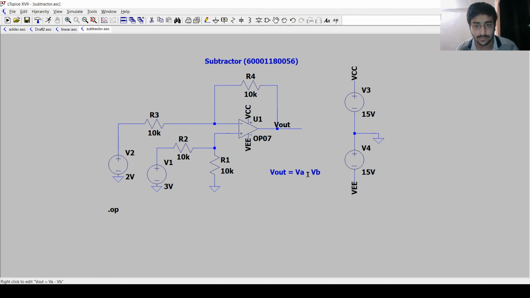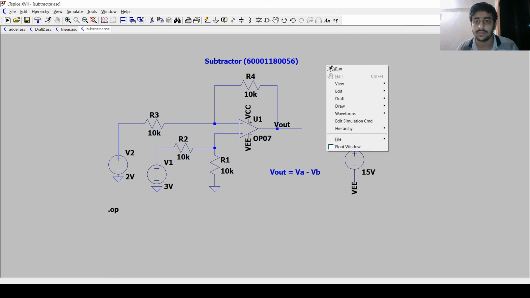The subtractor is V out is equal to VA minus VB, and we are going to use two input voltage supplies of 2 volt and 3 volt in this case, and resistors will be 10k. The feedback resistor will also be 10k. So the output should be 3 minus 2, which is equivalent to 1 volt.